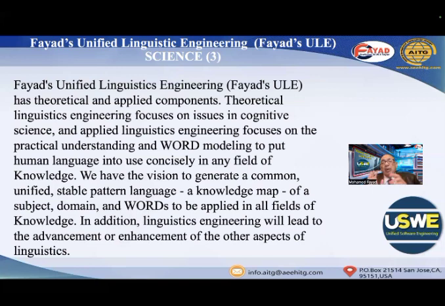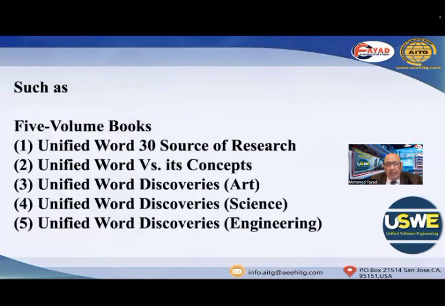So we're going to talk about this when we talk about the development, such as the 5-volume books of the unified word, with 3 source researches from everywhere. This is a book by itself, the source for research for this word.